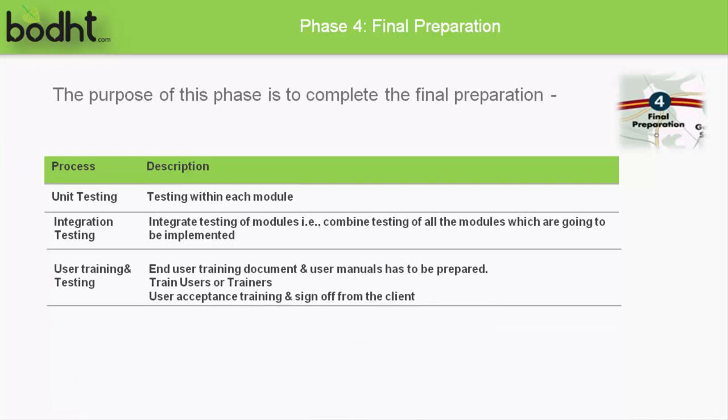And then comes the user training. We sometimes train the super users so that they in turn train their subordinates. That is a possibility. Or we may sometimes train the entire business users. And also we need to prepare the documents needed for future usage.